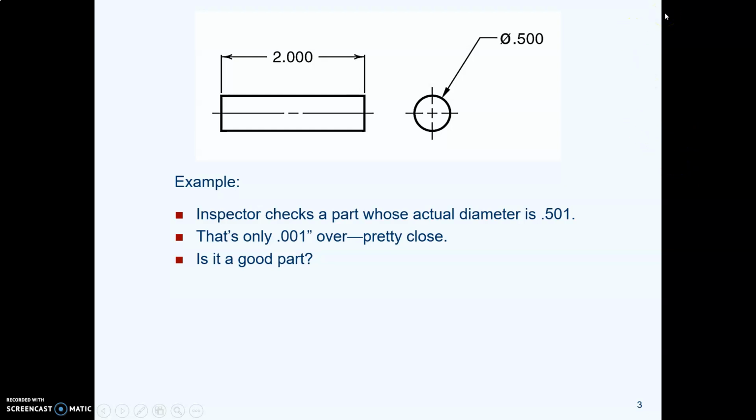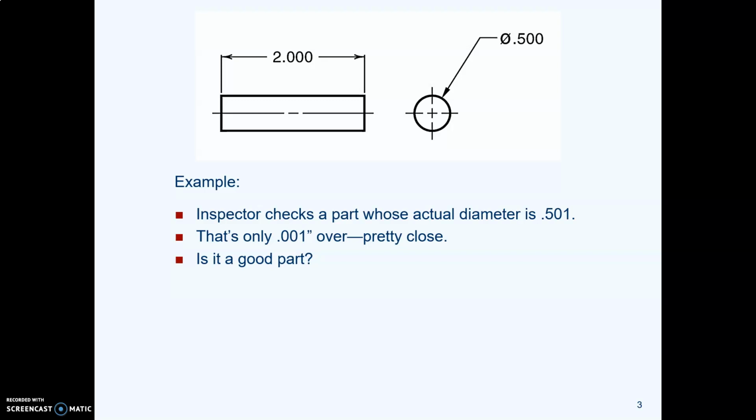Let's think about an example of a part that does not have a tolerance. So you've put a half-inch diameter on this pin, and the inspector out in the shop measures this part, and it's 501 thousandths. Well, that's pretty close. It's only 1,000th over. Is that okay? They might call you up and ask you, what if it's 0.499, a little bit under?